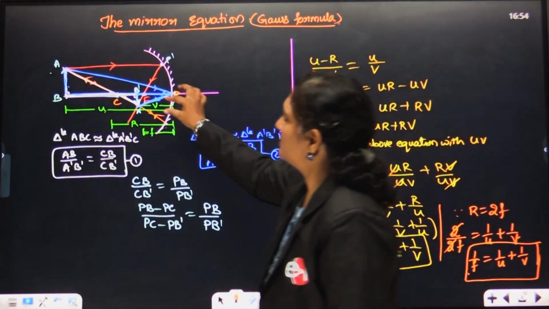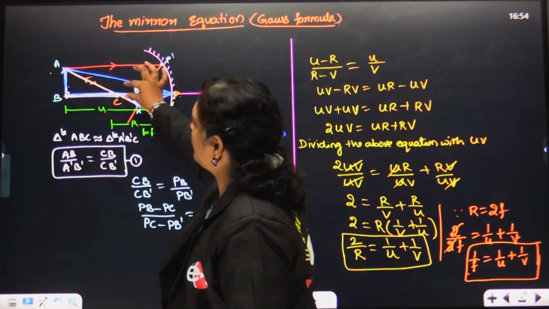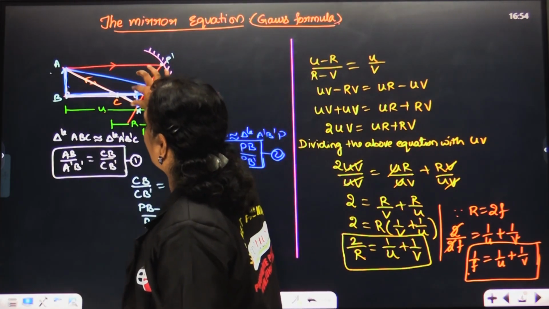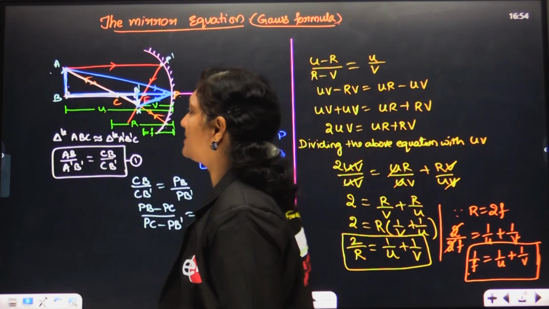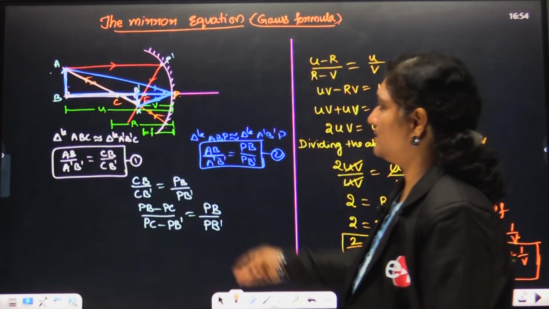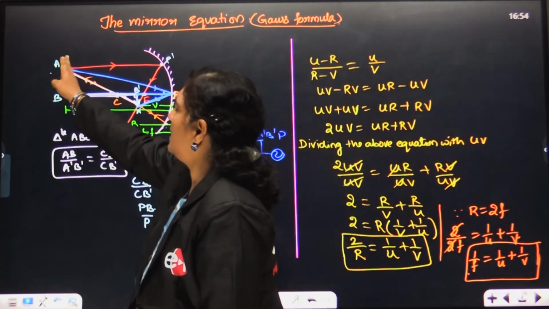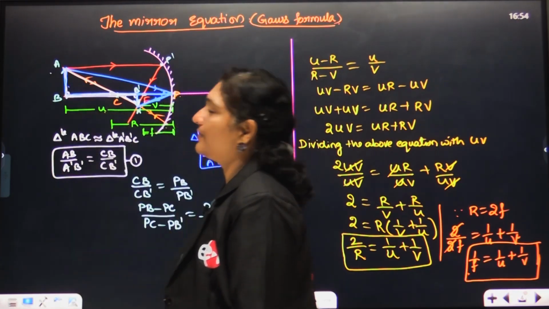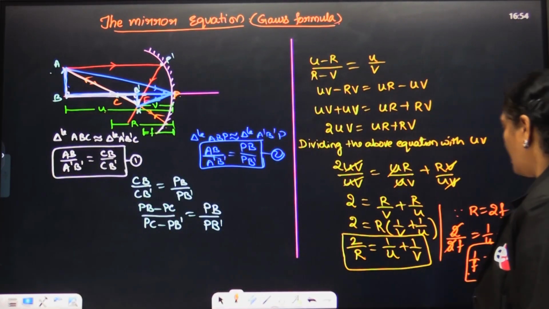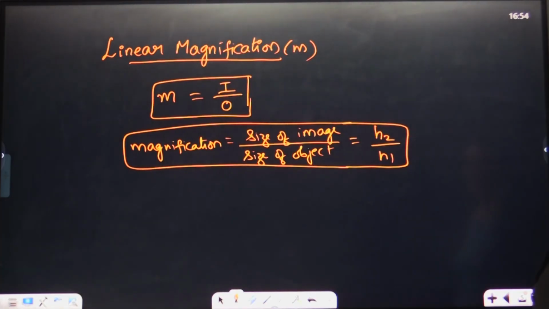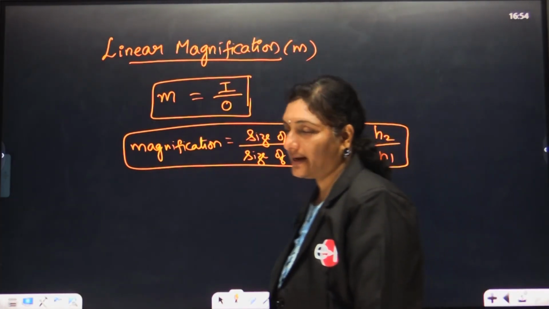In this case, A dash B dash is the size of the image and AB is the size of the object. This ratio of the height of the image to the height of the object is called your magnification. Got it, children?